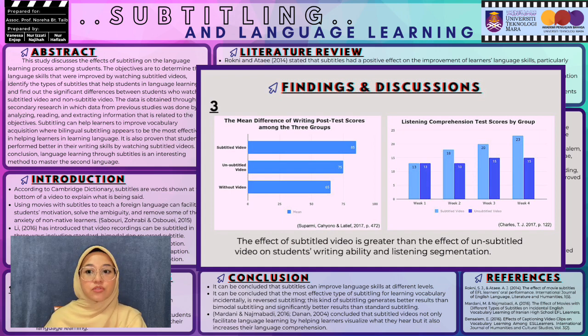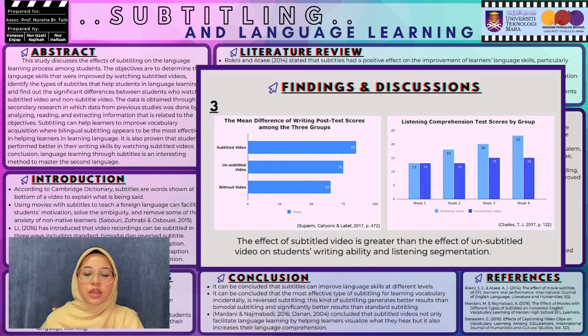So based on the first graph, a study on subtitled and unsubtitled videos on students' writing ability by Suparmi, Cahyono, and Latif in 2017, it shows that the students who viewed subtitled videos performed better compared to the students who viewed unsubtitled videos and to those students who did not view any videos at all. In other words, subtitled videos give a better effect on students' writing ability.